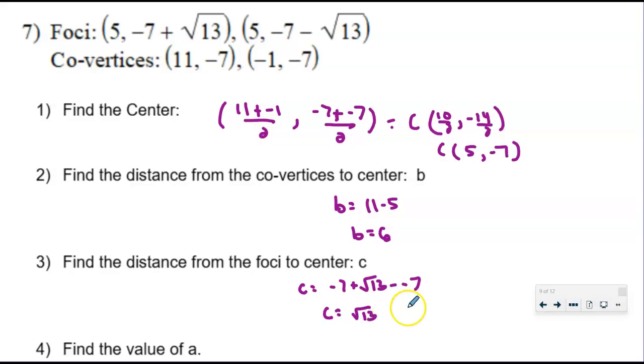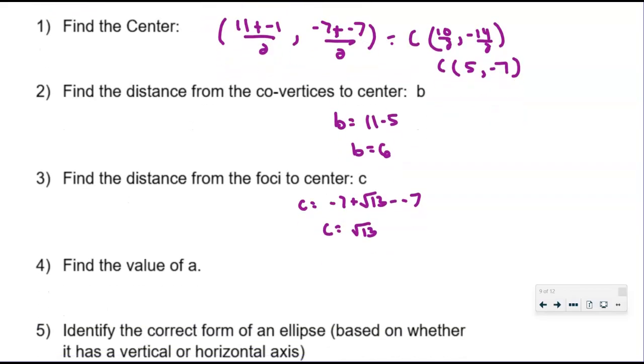Alright, so now we want to use B and C to help find out what A is. If you guys remember, C squared equals A squared minus B squared. So C is the square root of 13 squared, and A squared minus 6 squared. So we got 13 equals A squared minus 36.